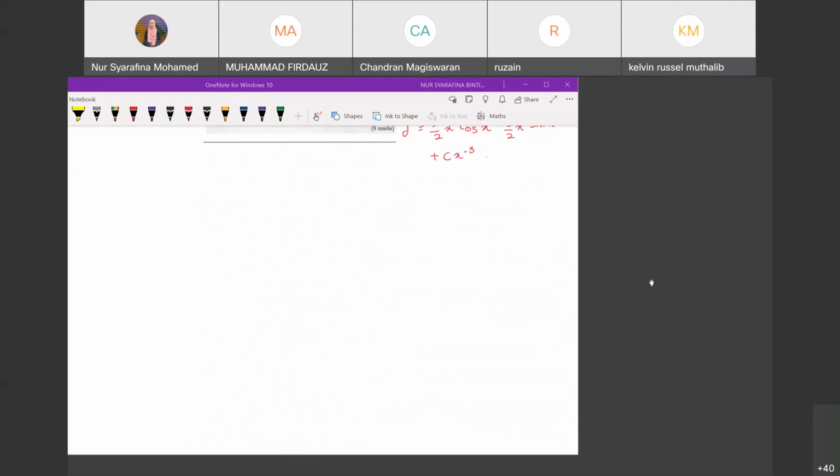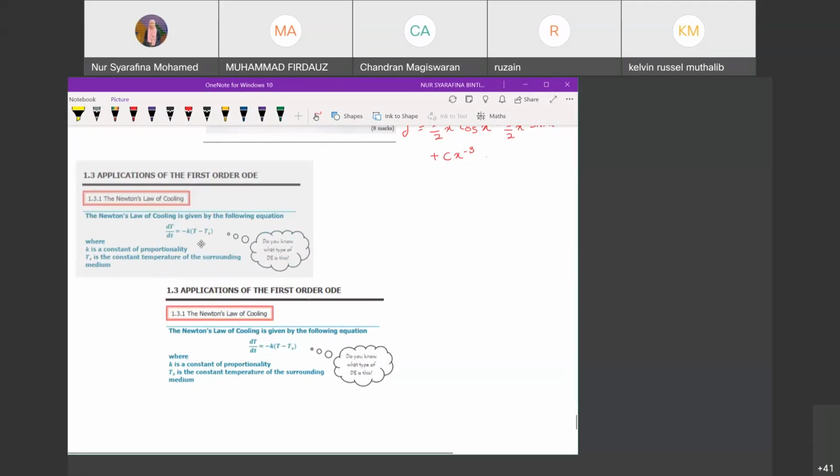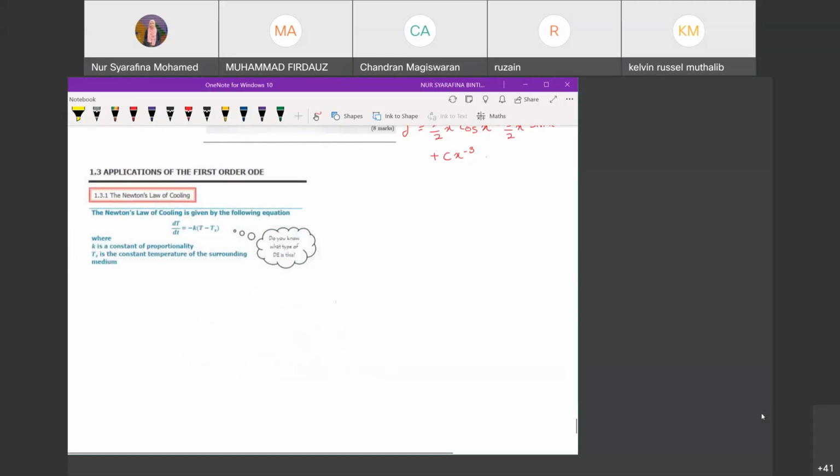Okay, so the first application is the Newton's law of cooling. We have how many applications are there?